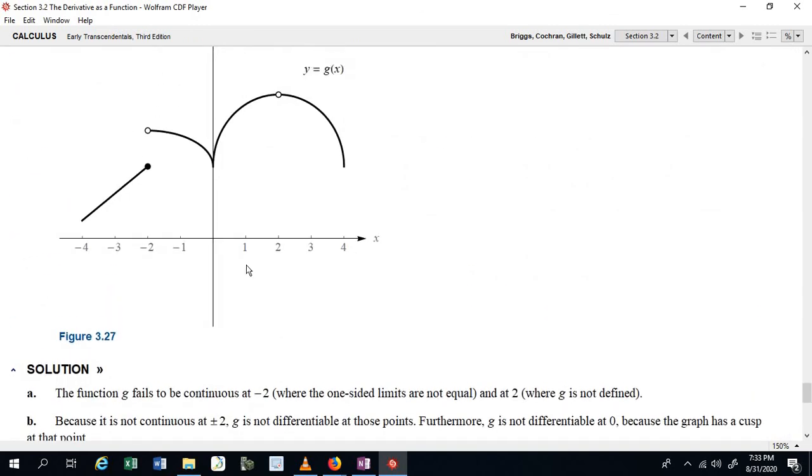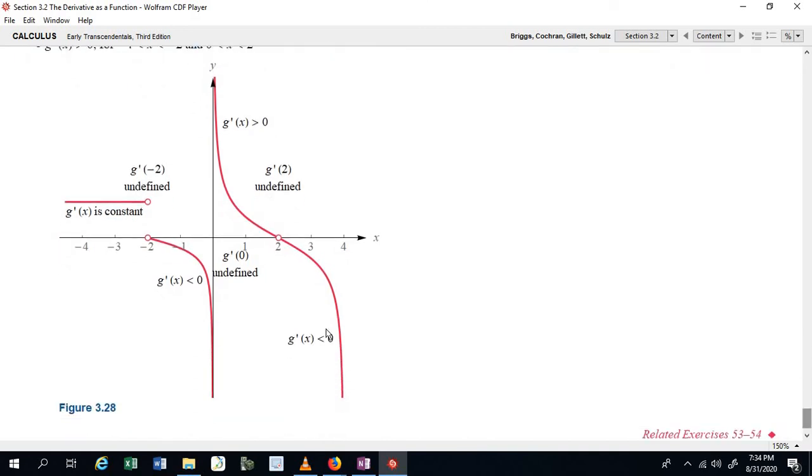All right, and now when you go to the other side of -2, I think you can see that the tangent lines over here start off negative, and they become more and more negative, because they head towards a vertical line. So they start off slightly negative, and they become more and more negative. Okay, and so that's represented by this graph here.